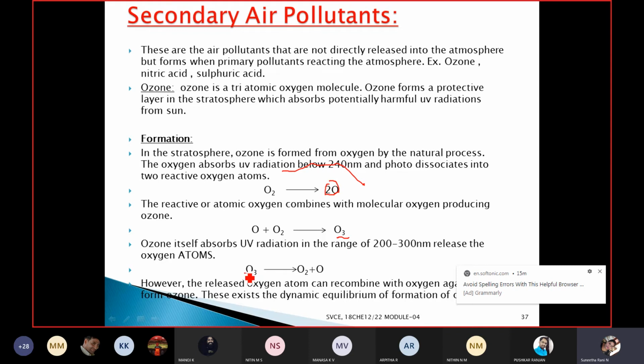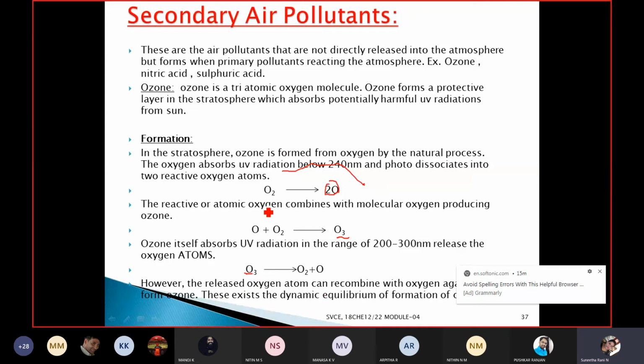It itself starts absorbing the UV radiation and dissociates to give oxygen, that is O2, and an oxygen atom, that is just O. And when released into the atmosphere, they recombine again to give ozone.